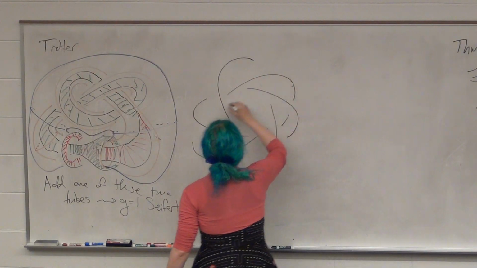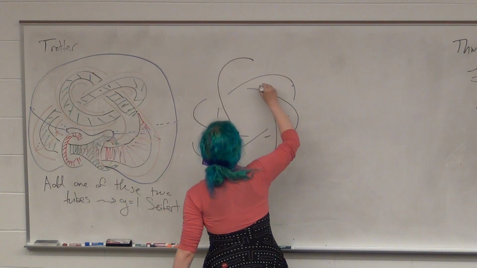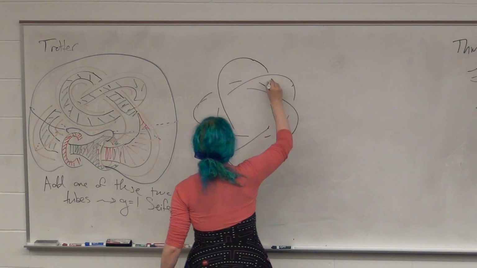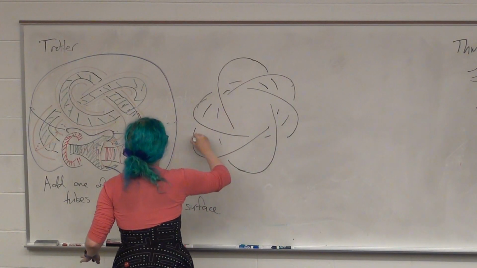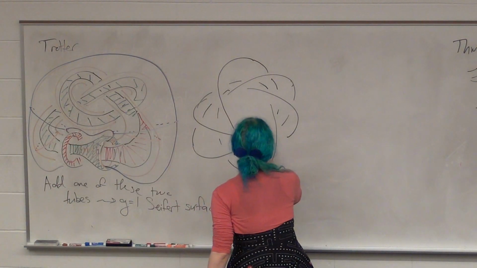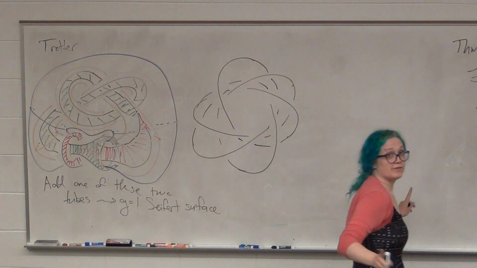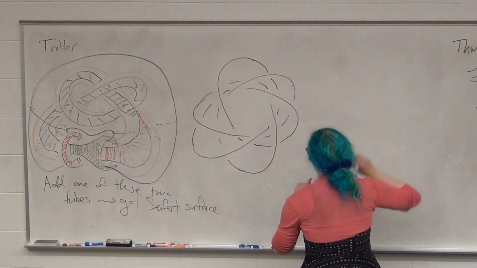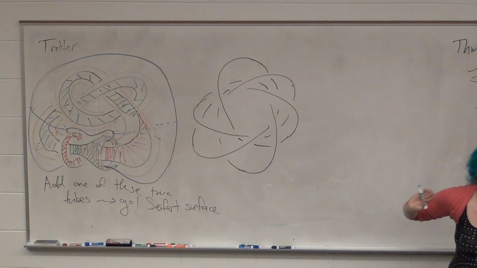Okay. Just ignore me for a second. It's going well. Yes. Okay. We're good. Don't think about it too hard. And then, if you think it's a trick, don't worry. And then I'm gonna draw another copy because I want to see two Seifert surfaces at the same time.